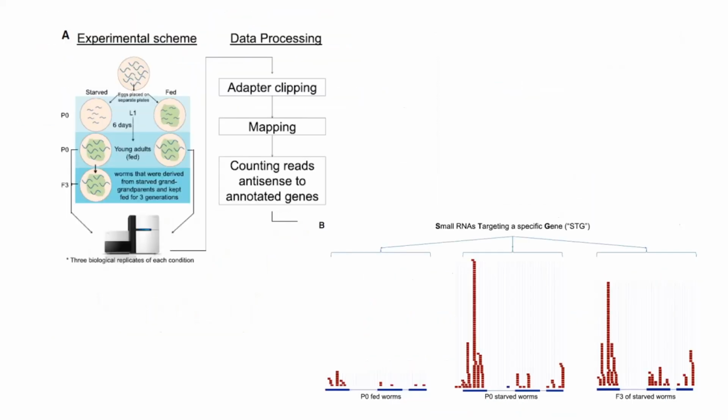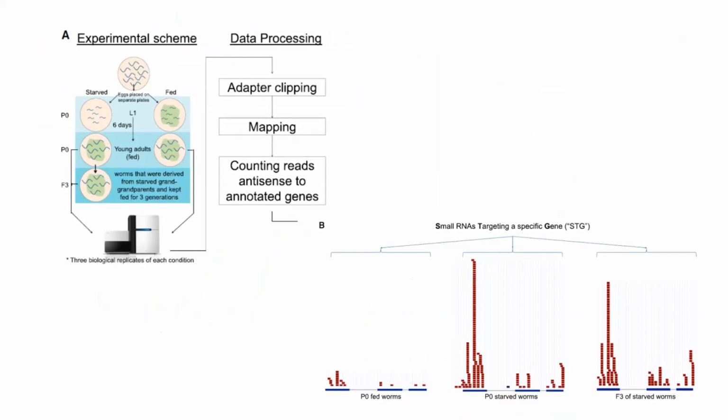Here's the experiment. The parents are starved or fed, right? And then they get the offspring, and now all the kids and the grandkids and the great grandkids are all fed. It was only the great grandparents that were, some were fed and some were starved.